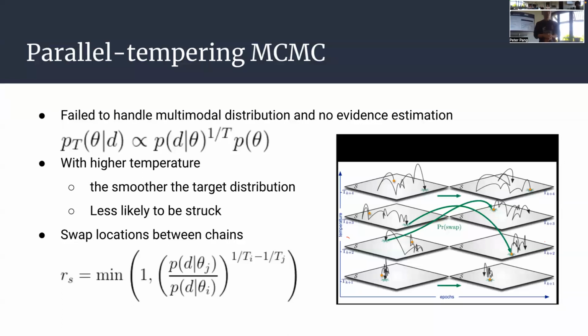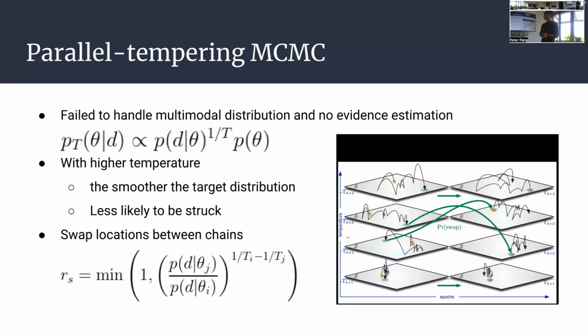So one way to solve it is so-called parallel tempering MCMC. Rather than sampling the posterior distribution with just one chain, I create a clone of chains, but each one of them samples a slightly different posterior distribution. In particular, we introduce this power 1 over T as a power correction to the likelihood function.